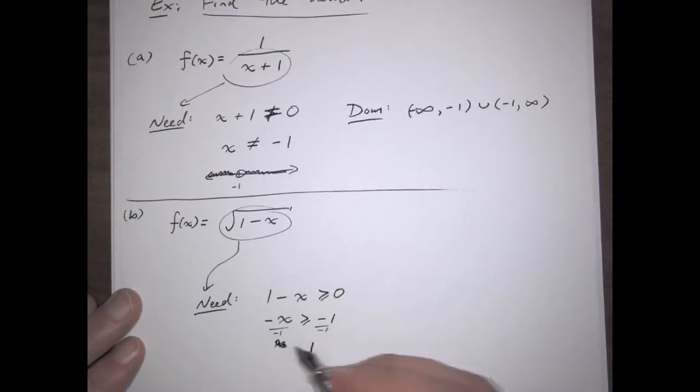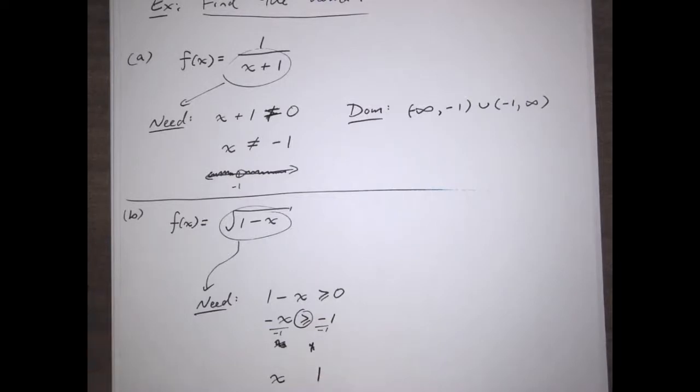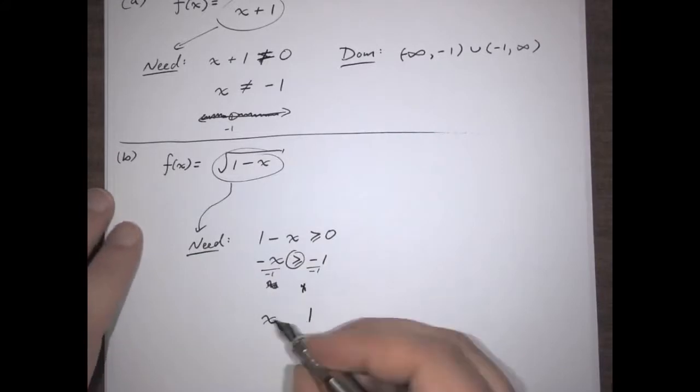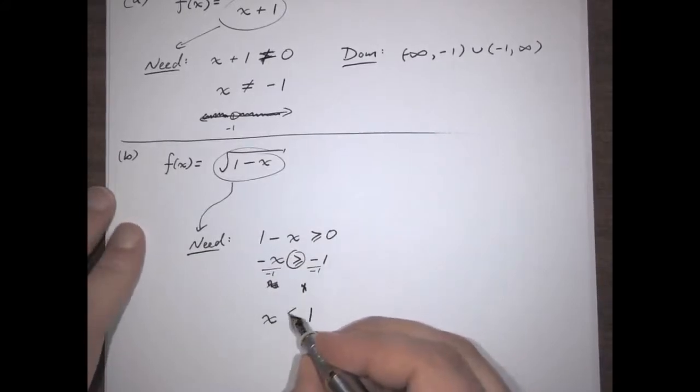But here, let's make a little bit more space for ourselves. So we have x and we have positive 1. But because we divided by a negative, what that means is the thing that used to be bigger is now going to be smaller. The thing that used to be smaller is now going to be bigger.